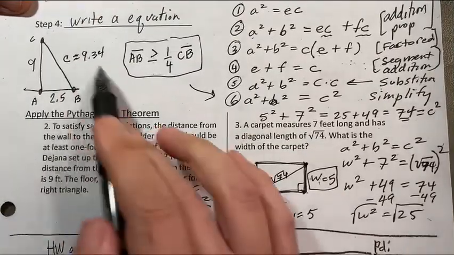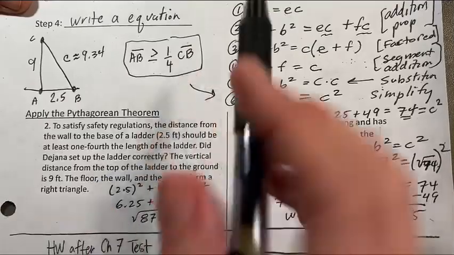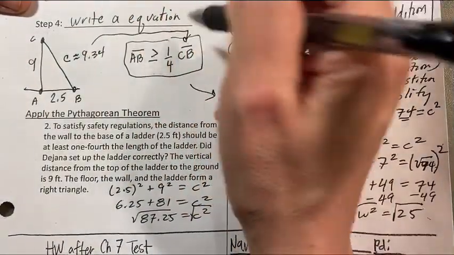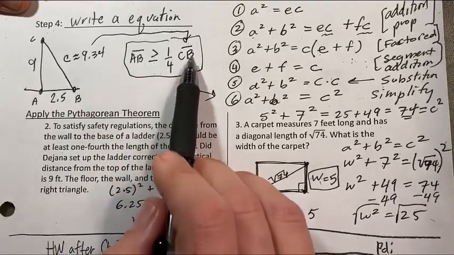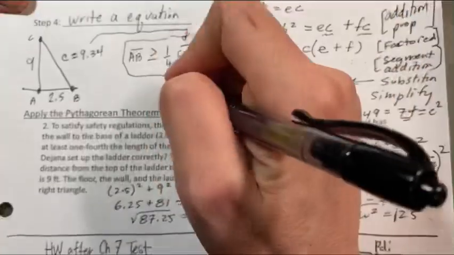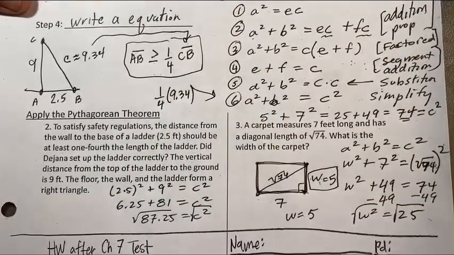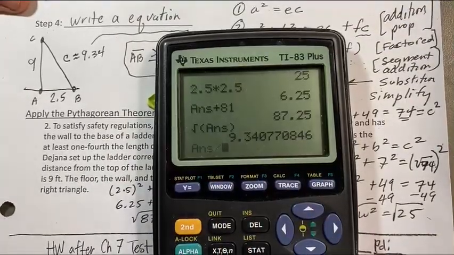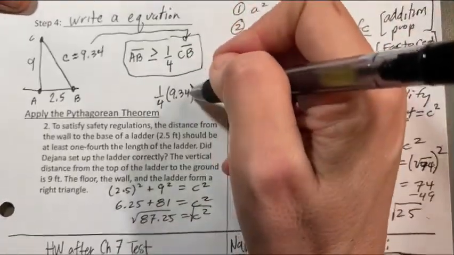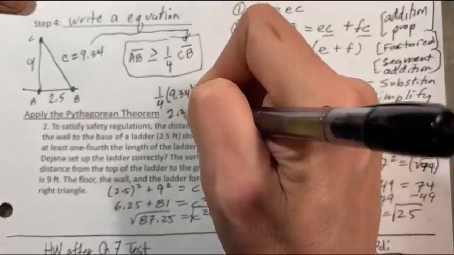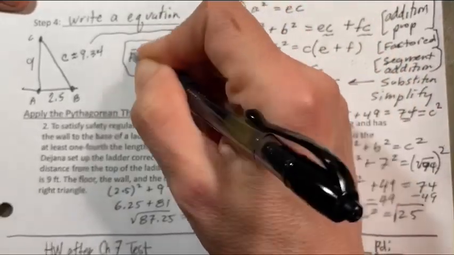Okay, so now that we know the length of our ladder, we can plug it in here and decide if everything went okay. So let's see. A quarter of the ladder, CB, so I still have that in my calculator here. I'm just going to divide that by 4, and I get 2.34. So is that amount greater than or equal to AB?